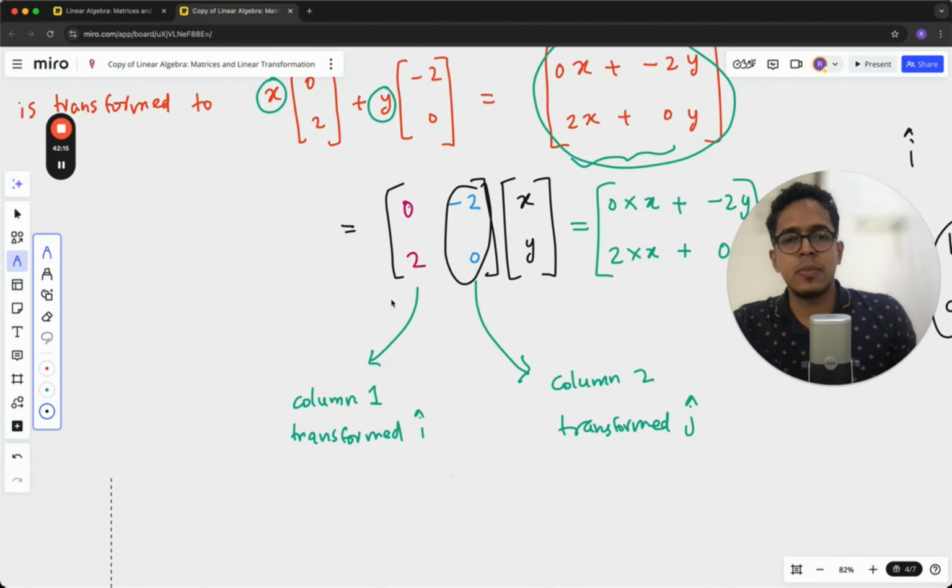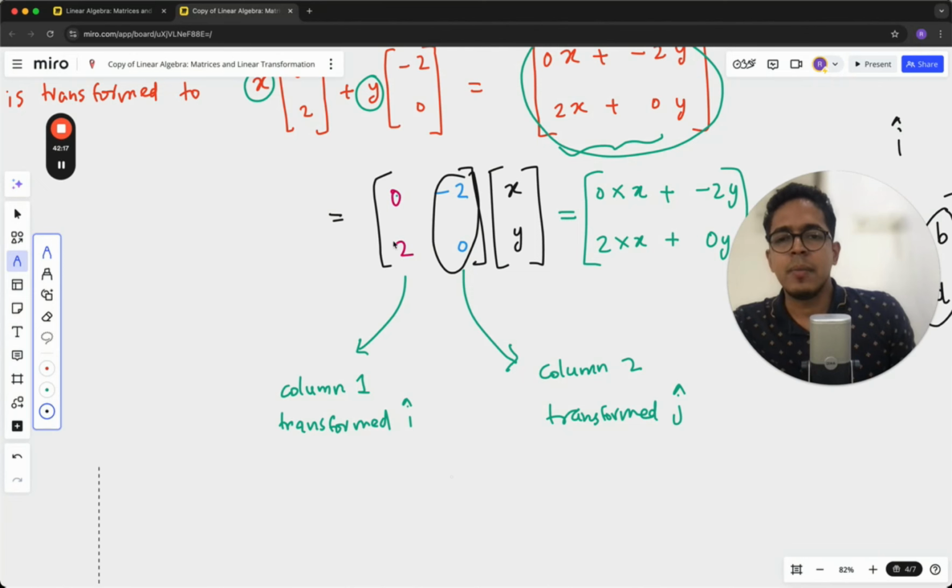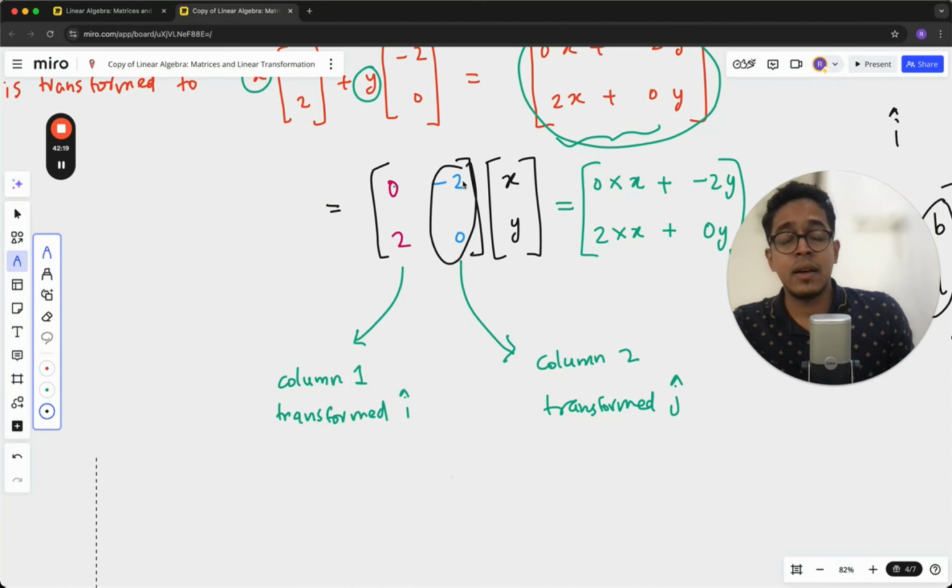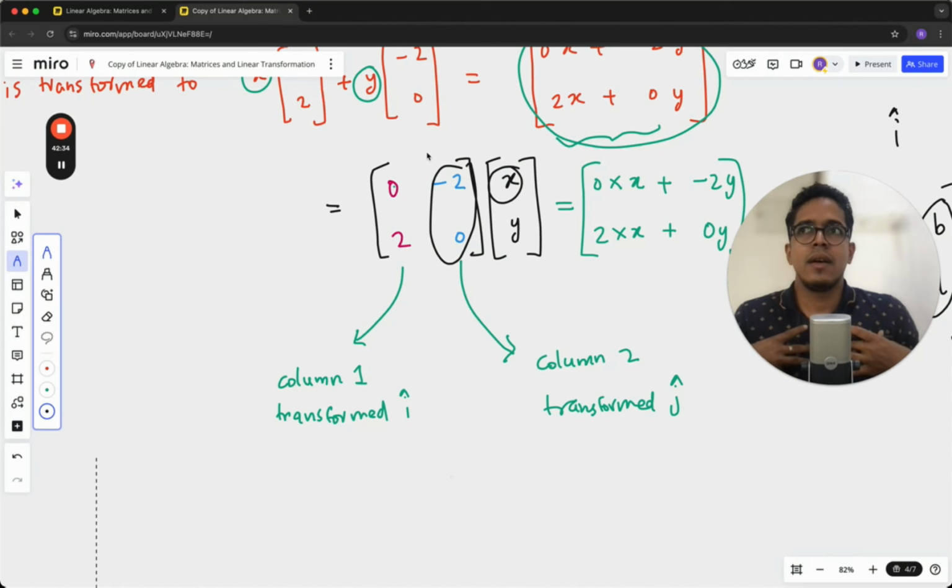So it was much more intuitive now to think of matrix multiplication as linear transformation, because a matrix multiplication of this will result in something, but the same thing can be described as x times (0, 2) plus y times (minus 2, 0).